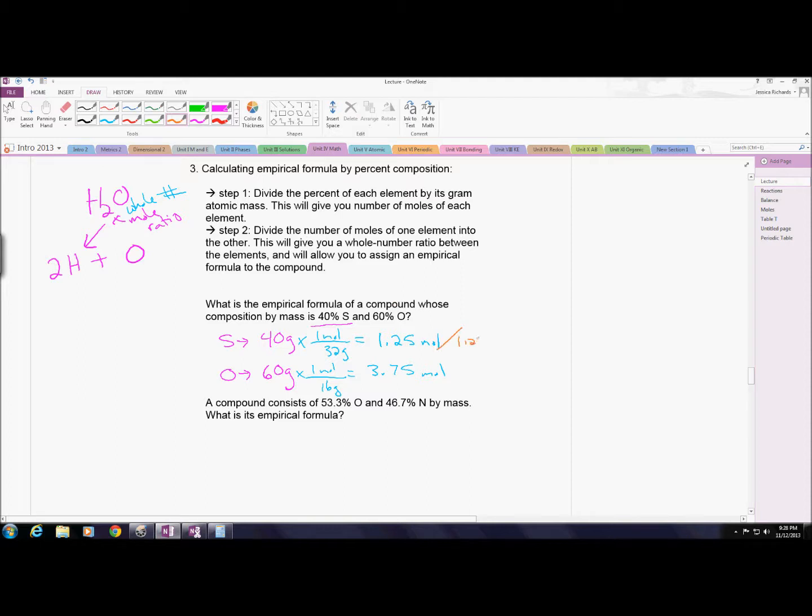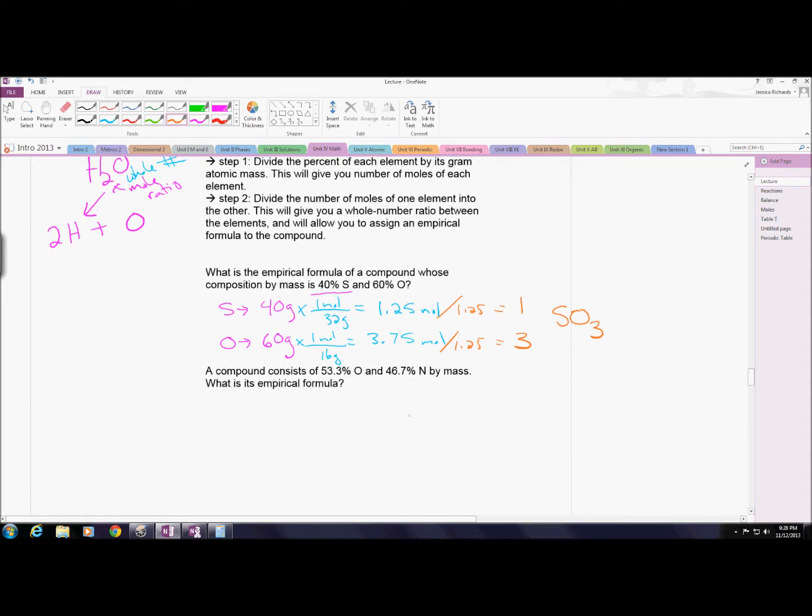So if I divide these both by 1.25, I end up with a 1 to 3 ratio. So there's my whole number ratio, and those become my subscripts. So this compound would have the empirical formula of SO3. Okay, and it's that easy, so we'll do one more example.